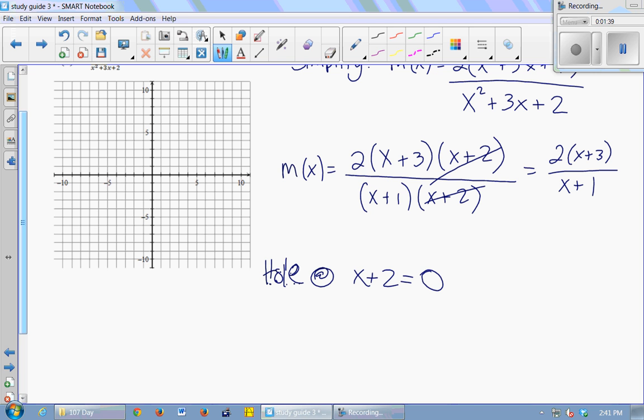You take that factor, set it equal to 0, you solve, and you get x equals -2. There's a hole in the graph there.